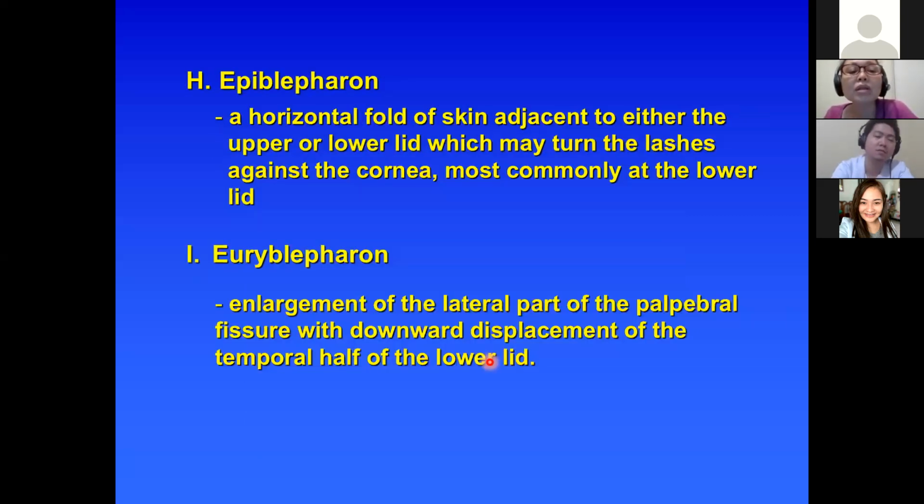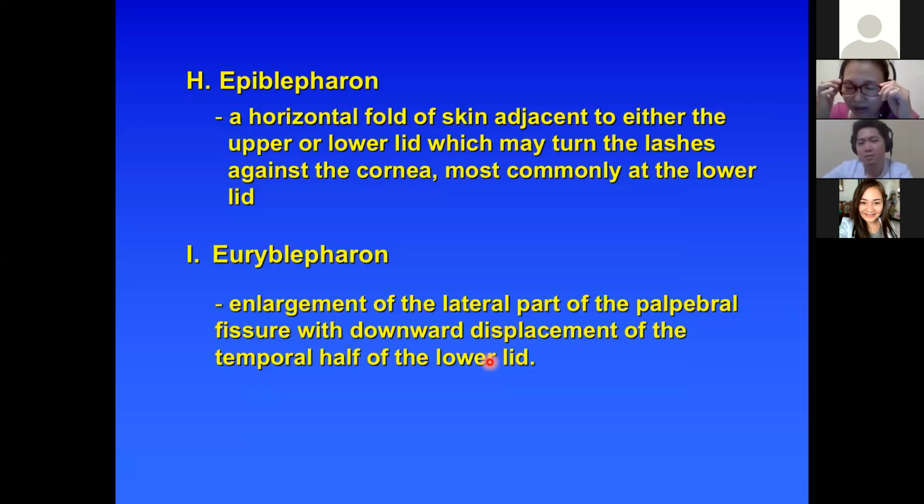So epiblepharon is common actually in Asians. It's a horizontal fold of skin adjacent to either the upper or lower lid, which may turn the lashes against the cornea. Okay. Now, have you seen the children?